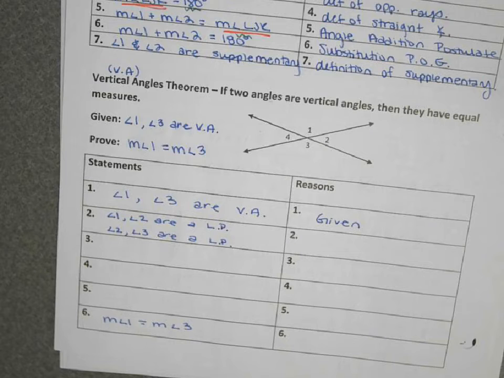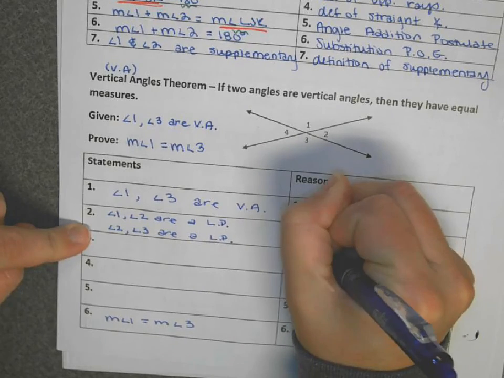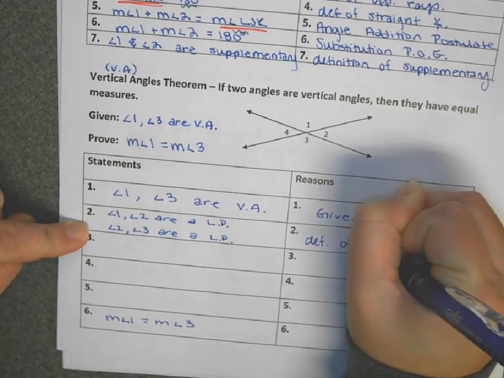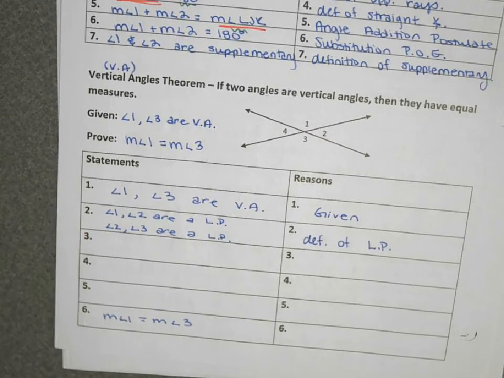If I say that two angles are adjacent, it's because I'm using the definition of adjacent angles. I'm identifying something as a certain vocabulary word based on its definition. It follows the definition. So this is because of the definition of a linear pair. I can see it. You can see it, then what you're stating is, I can see it follows the definition, and you know it's a linear pair.